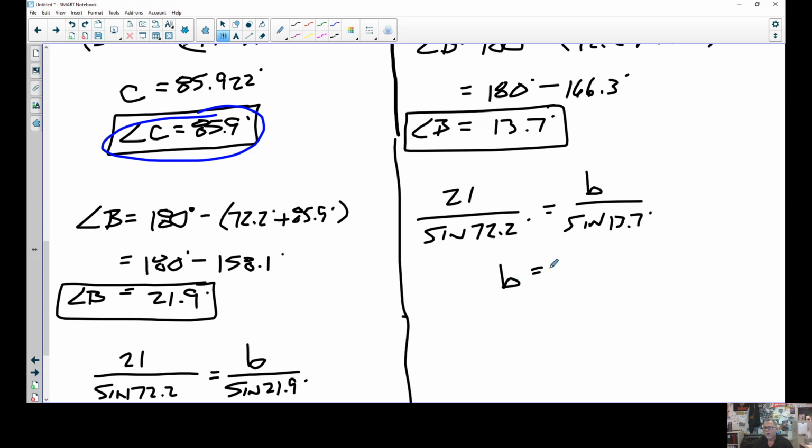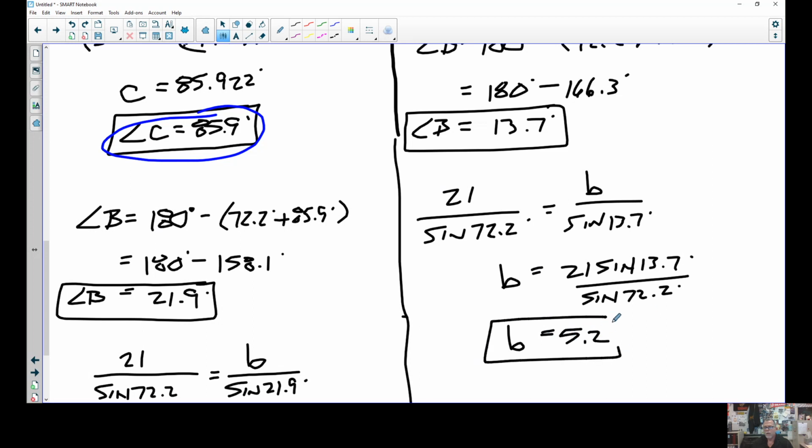So B here will equal 21 sine 13.7 degrees over sine of 72.2 degrees. And we get 5.2. And we've got our second triangle solved.